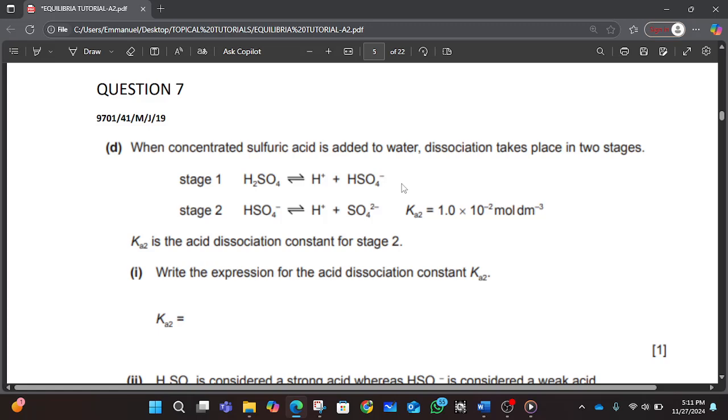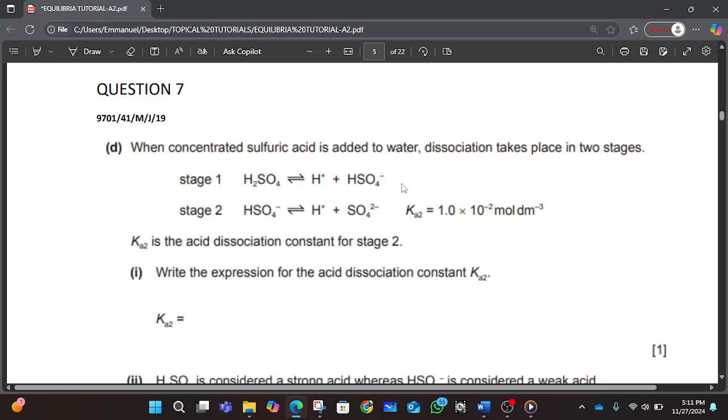This HSO4 minus undergoes second dissociation in stage 2 to give H plus and SO4 2 minus, with the Ka2 value as 1.0 times 10 power minus 2 mole per decimeter cube. Ka2 is the acid dissociation constant for stage 2. Write the expression for the acid dissociation constant Ka2.